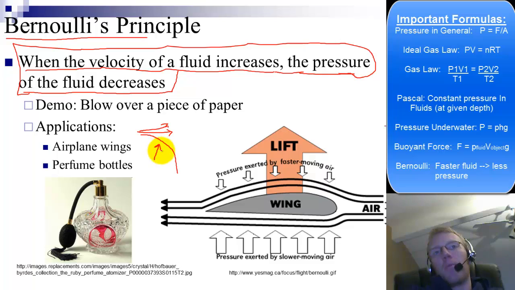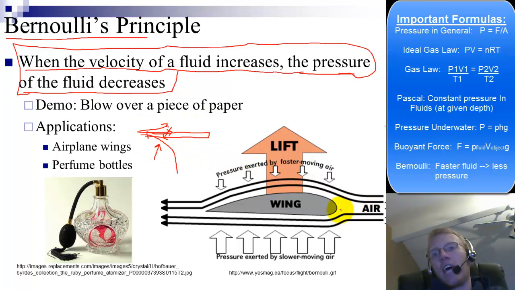The forces upward and downward were balanced when there's no motion of air, but now that you're blowing, the pressure here decreases, which means the net force is upward, and it tends to lift the paper up. So there's this upward force that provides lift on the piece of paper or lift on an airplane wing. In order to have this upward force, you need the air on top to be moving faster than the air on the bottom.